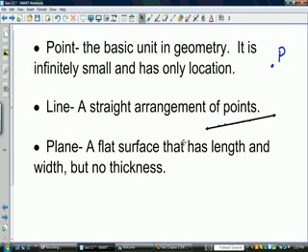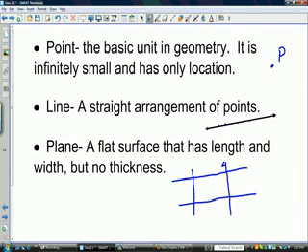A plane is a flat surface that has length and height, but no thickness. We can represent the plane like this. It has length and height, but it's so thin it actually doesn't exist. But we'll represent it like that.